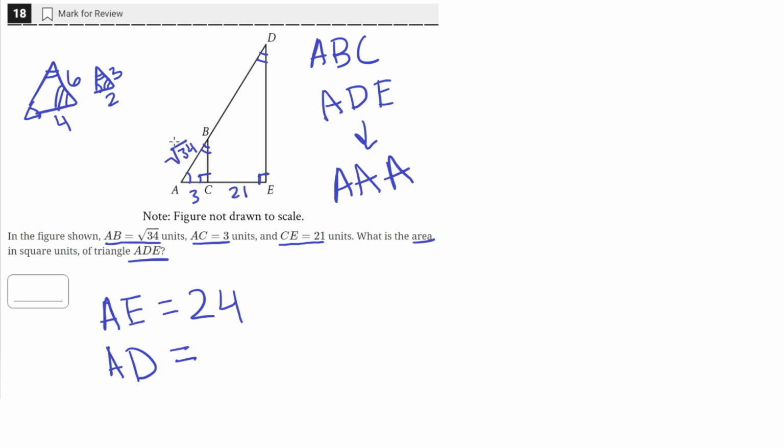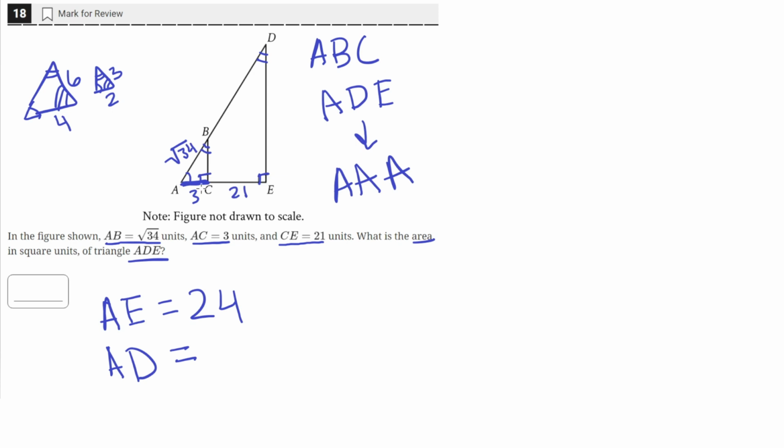So we know that AB is the square root of 34, so we just need to find the proportion that these two triangles are similar by. And we can do that using AE. So we know that AE is 24, and the corresponding side is this right here. We know that the length of this was 3.